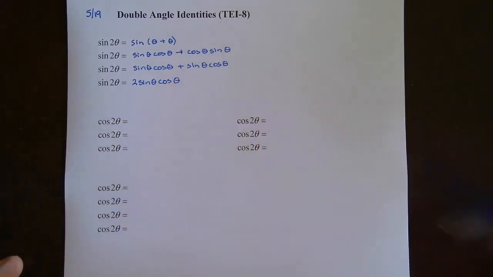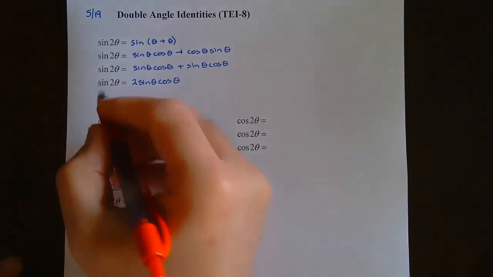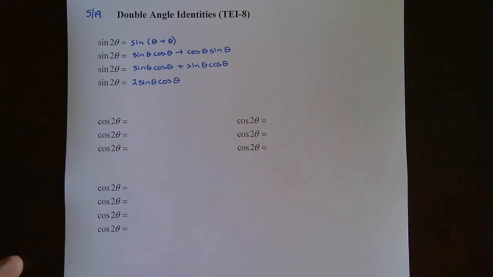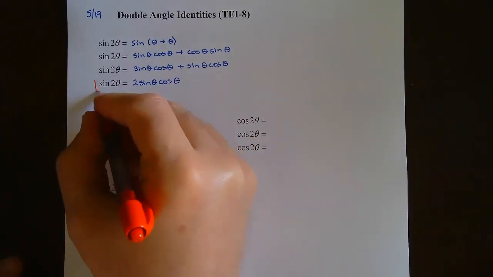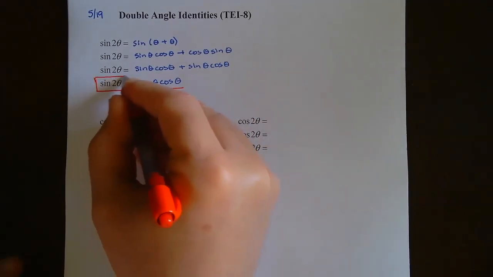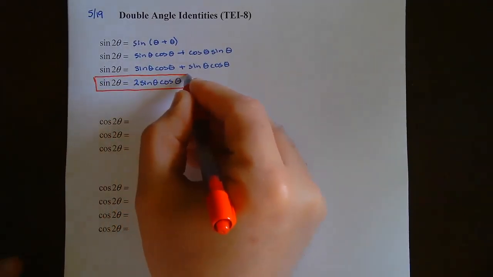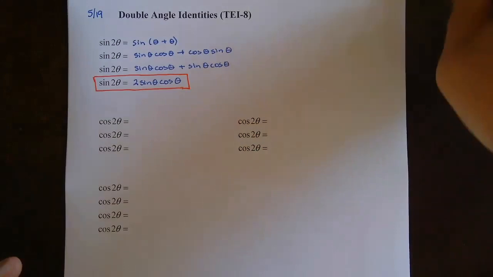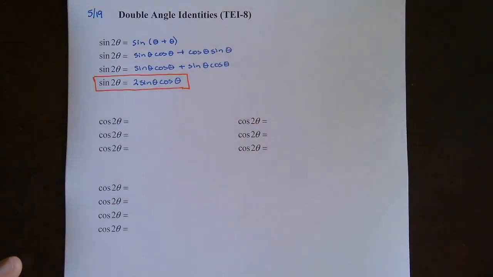And I'm going to tell you, this is a really important one. We just used this in calculus this week, so it comes back again. I'm putting these final ones because I'm just showing you where they're coming from. This is the identity that's on the identity sheet that I gave you with this third packet. All right, so let's go on.